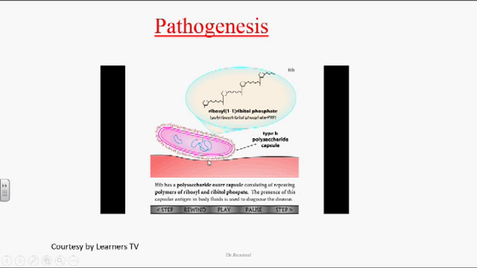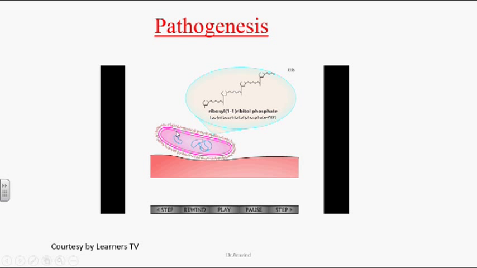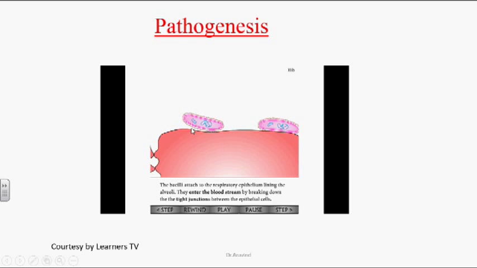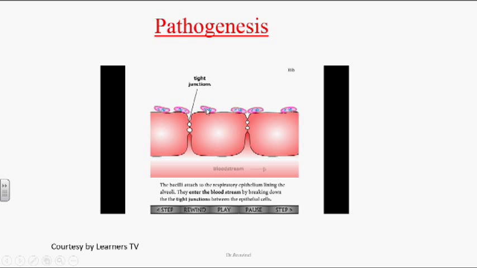Whenever they enter the respiratory tract, they have this polyribosylribitol capsule, which inhibits phagocytosis. So phagocytes can't take up these organisms, and antibodies can't destroy this organism, because this organism has a plasmid which gives it resistance to antibiotics.